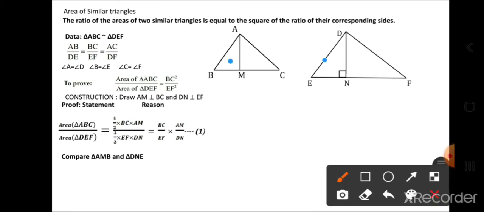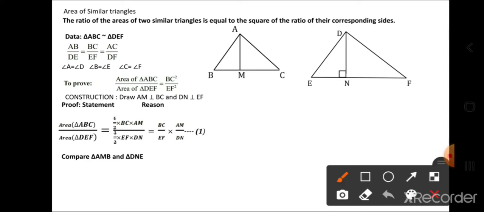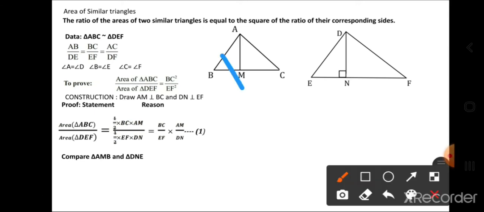Since I have to prove that the two triangles are similar, I have to use one of the criteria: AA criteria, SAS criteria, or SSS criteria. Here one angle is 90 degrees based on the construction, and the angles B and E are the same, because it is given data.